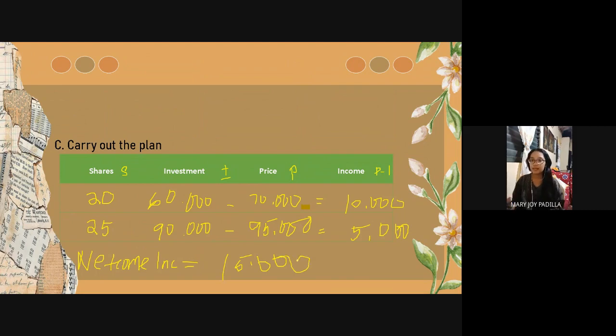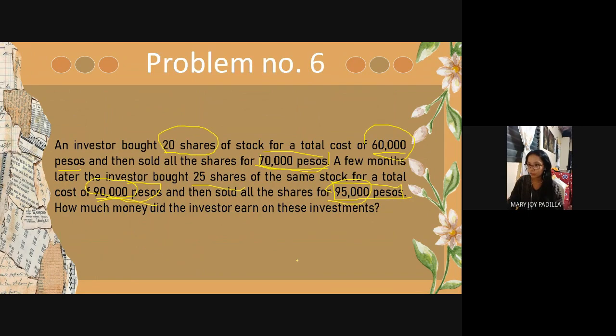So, ayan ang sagot natin. Ang hinahanap kasi dito sa ating problem is how much money did the investor earn on this investment.